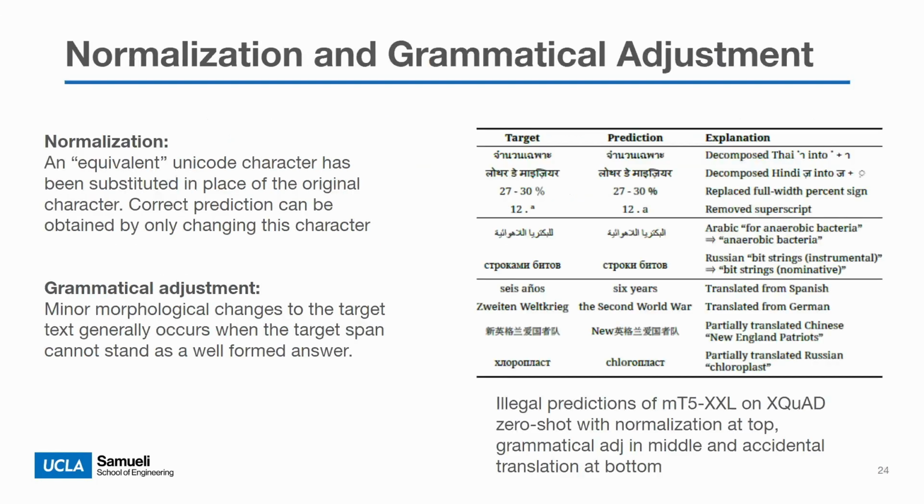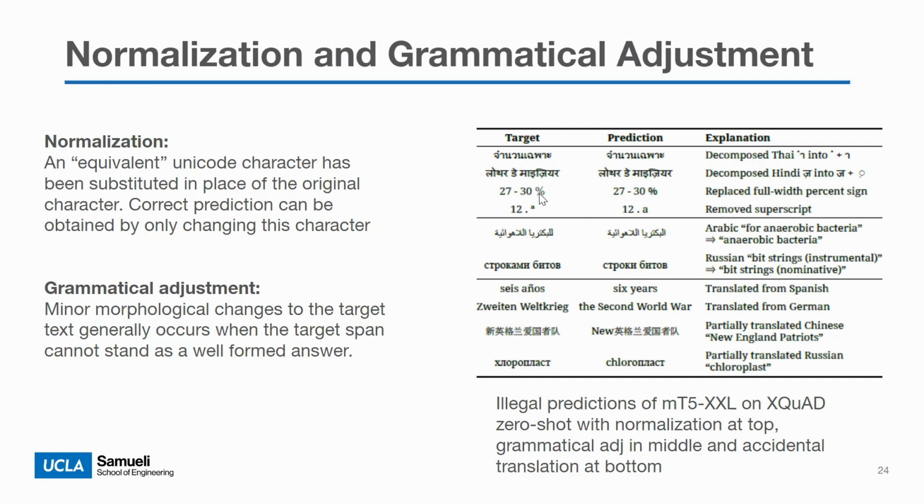So I'll be talking about normalization now. Normalization is a case where the target and the prediction just vary by a single equivalent Unicode. That means that the Unicode that is to be predicted and the Unicode that is predicted are nearly equivalent.